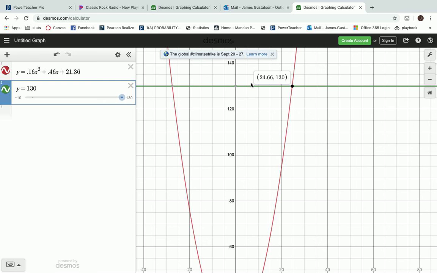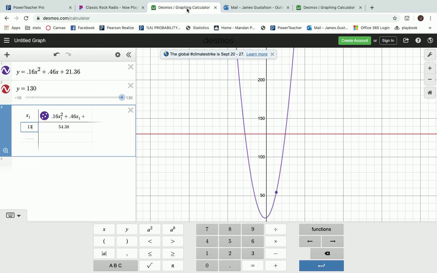This is right. But I would not accept 24.66 as an answer. Because the question is, in what year did the average U.S. household have 130 televisions? What is it? 2010. Okay, so let's check it out.